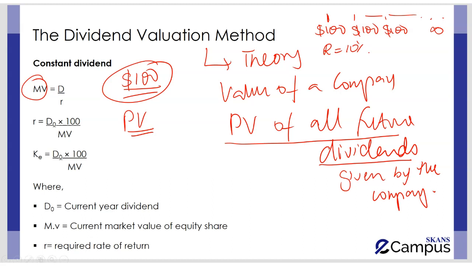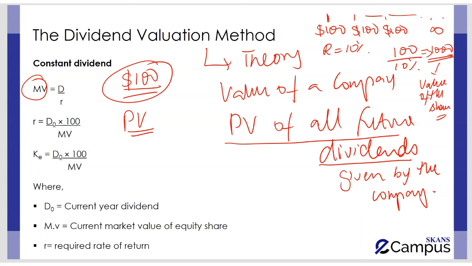Then if I say 100 over 10%, which you remember is the present value of all cash flows that go till infinity and are constantly equal, it will come out to be what? 1000. So according to the dividend valuation method, 1000 should be the value of the share.